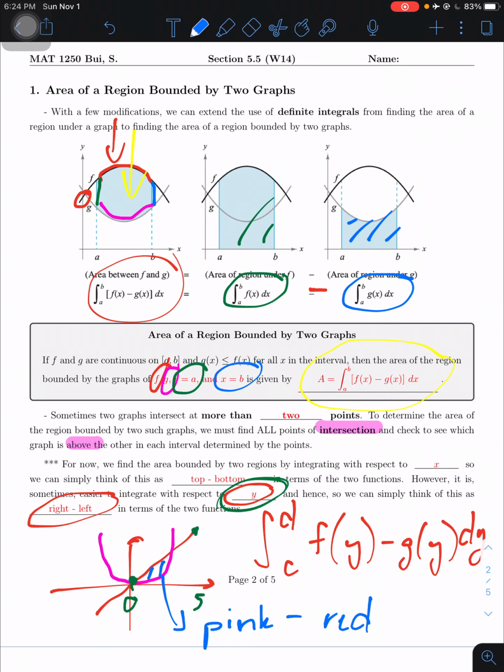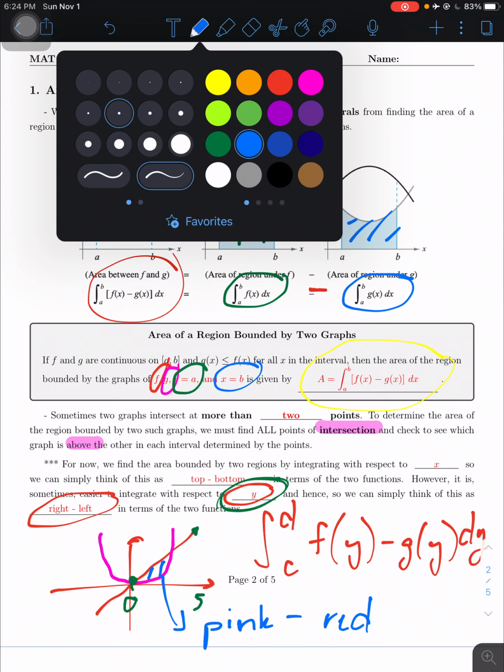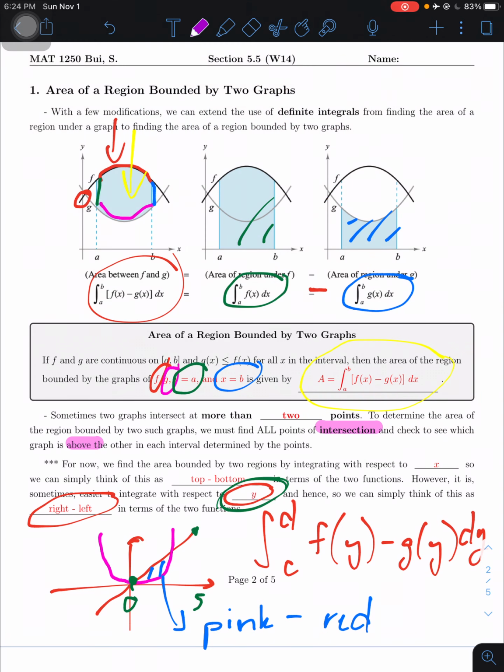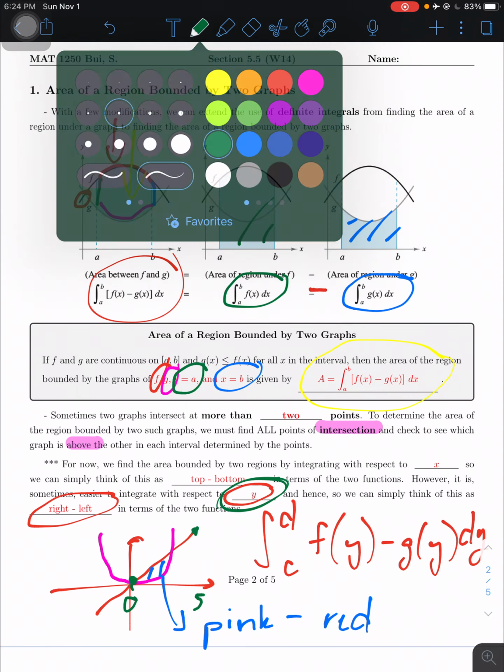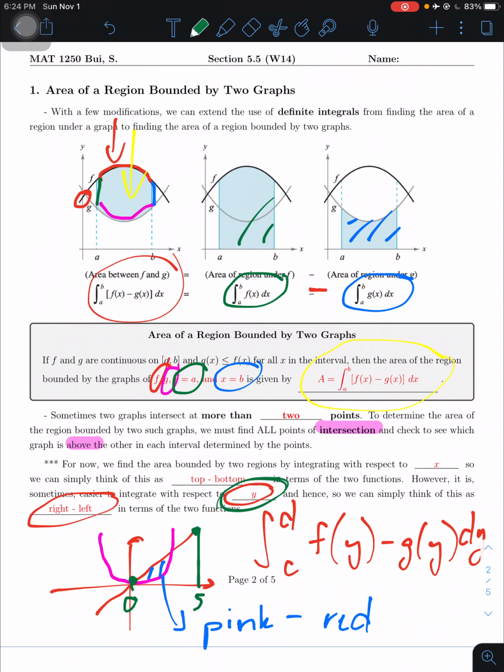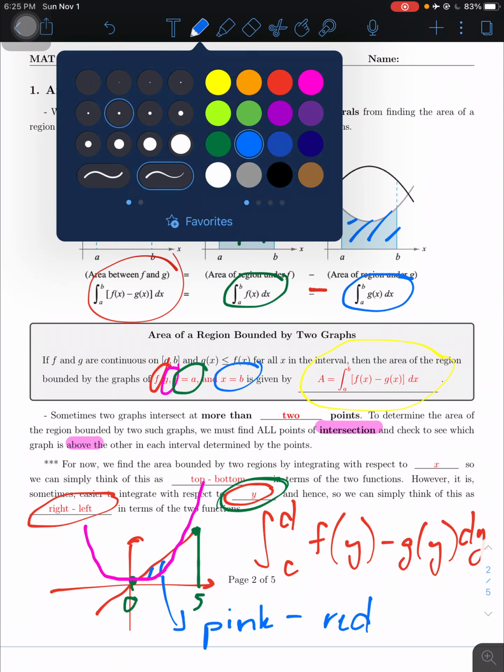But if we talk about this area in here in purple, just a heads up, 5 is a cutoff point, right? So let me mark it down here, and then let me extend both functions a little bit so that you can see the importance of them. Something like this.